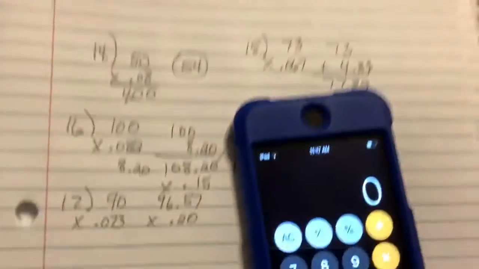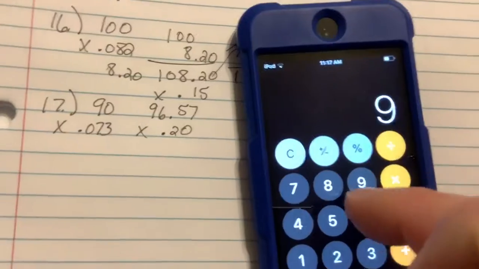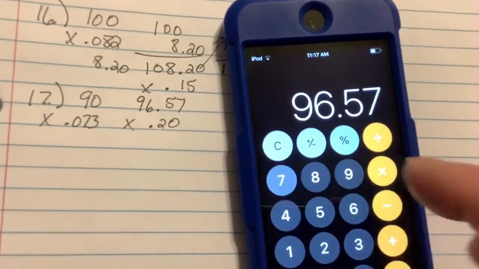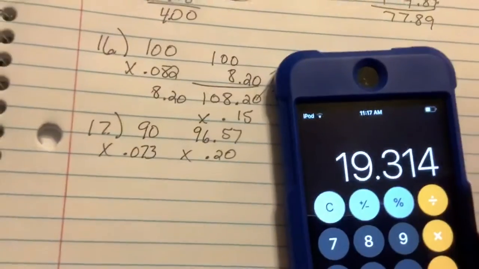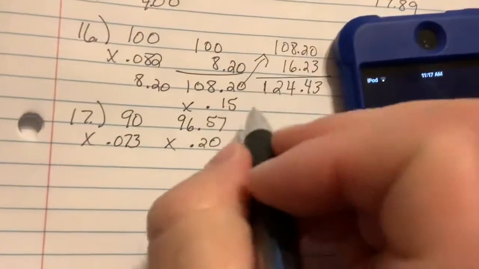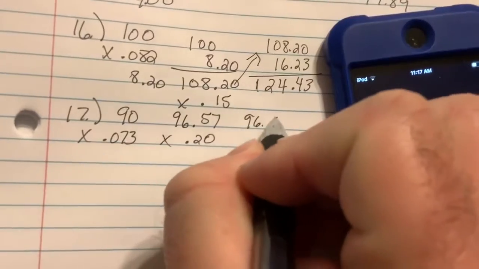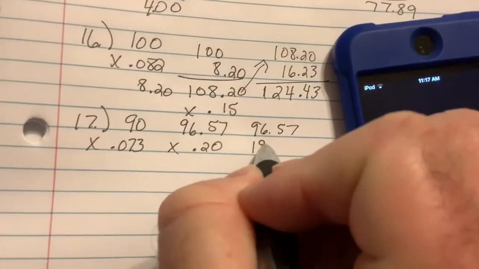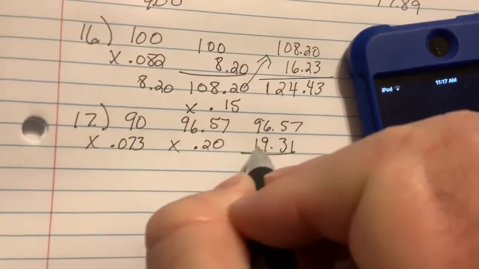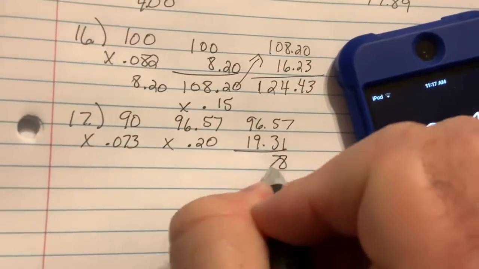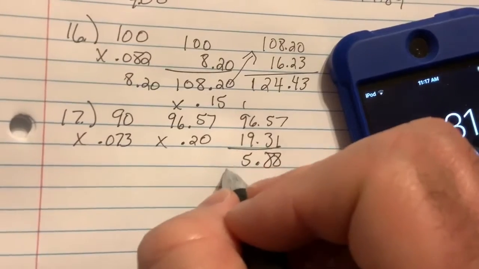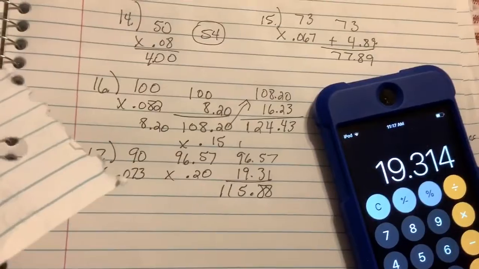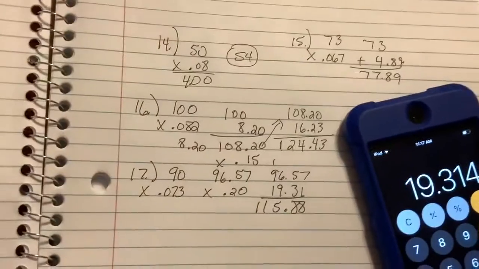So $96.57 times 0.2 is $19.31. So you add that in, and you get $115.88.